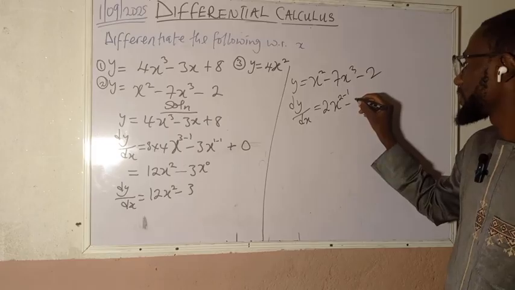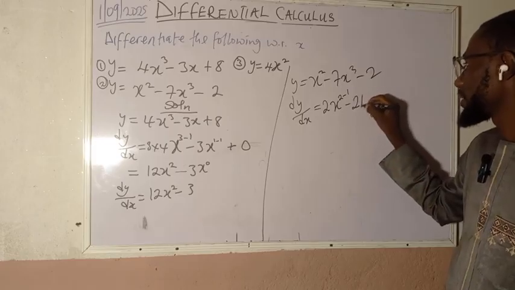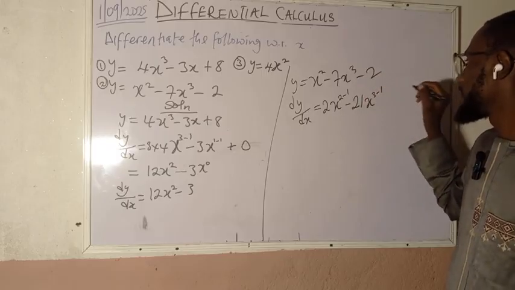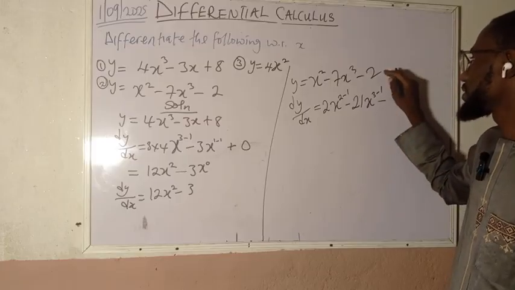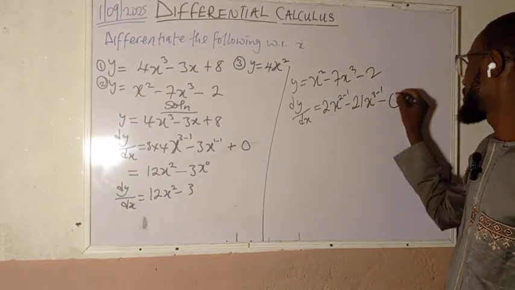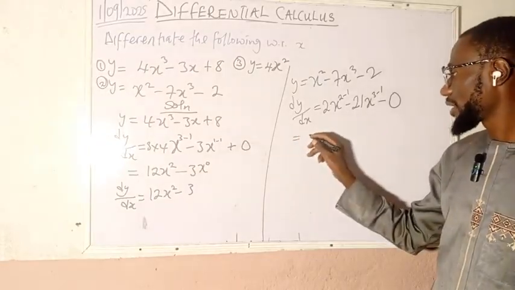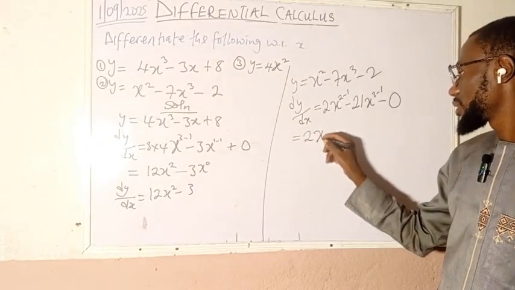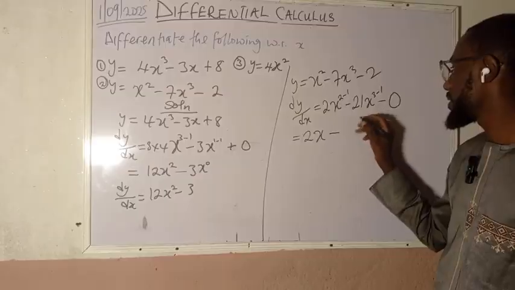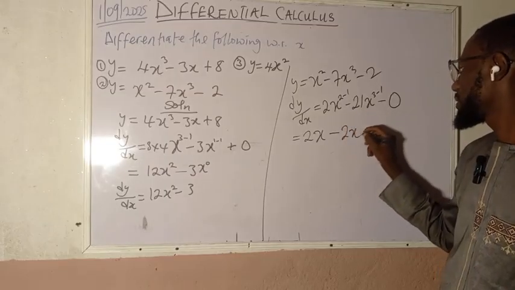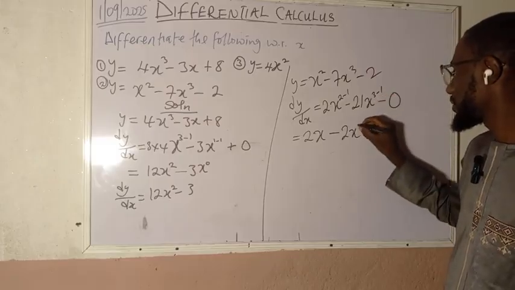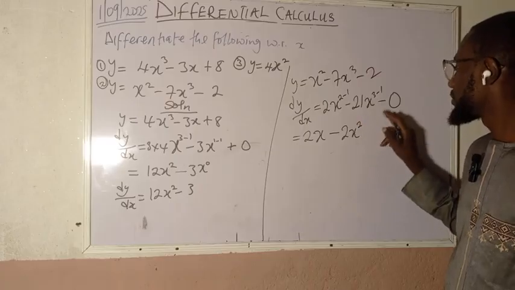which is 21x. Also, from the 3 we subtract 1. Then minus 2, which turns to 0. Therefore, we have 2x raised to the power 1, no need for putting the 1, and 21x with 3 minus 1 in the power, which is 2, then minus 0.